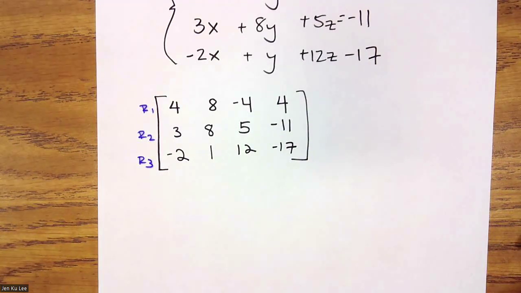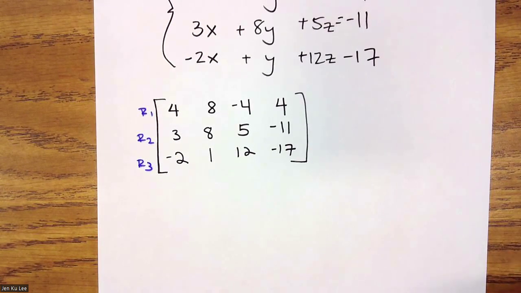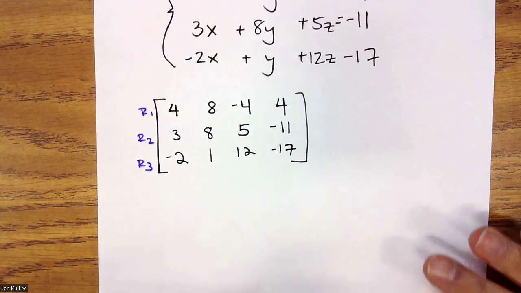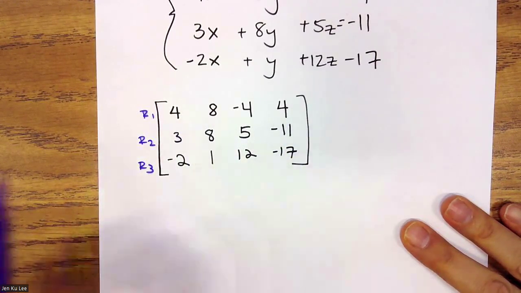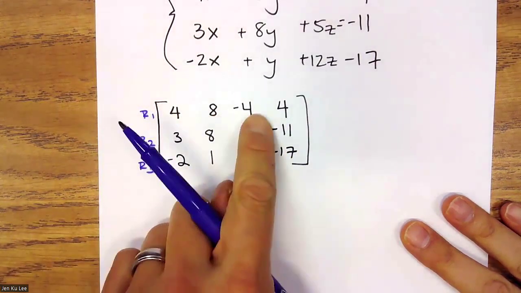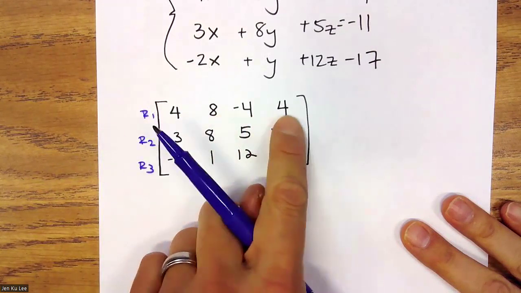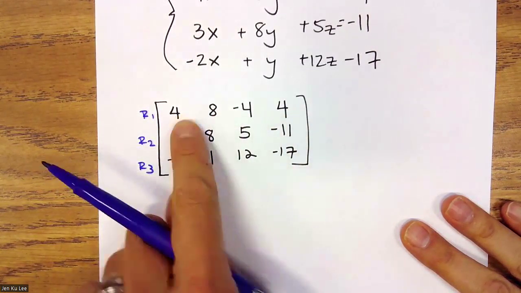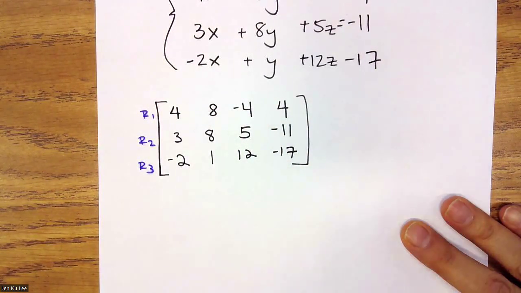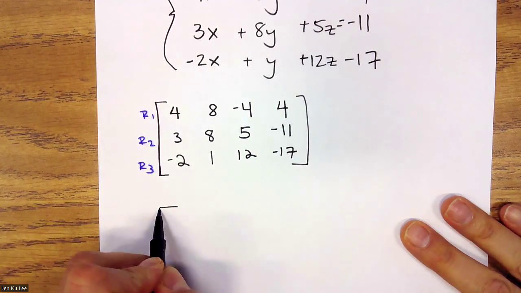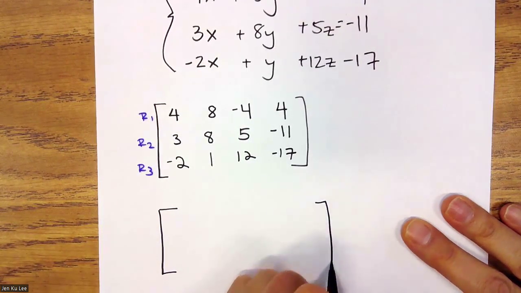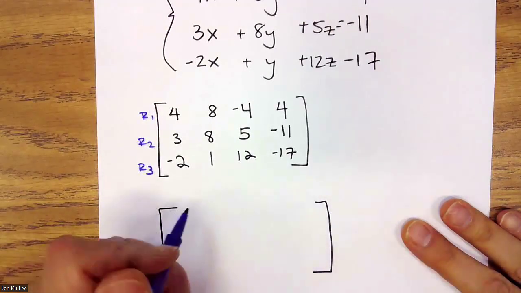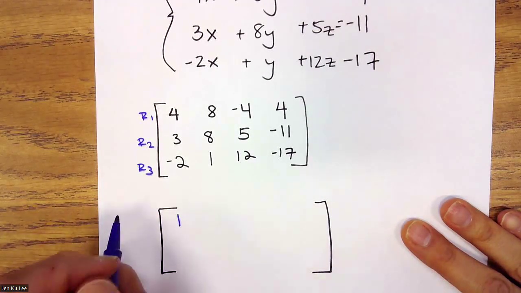I already noticed something that I can do, because it's easier for us to deal with smaller numbers rather than bigger ones. If you look at the first row, they're all even. They all can go into 4, correct? So before I even try to do my zeros, I'm going to make that smaller. I'm going to make that 1 by dividing everything by 4.